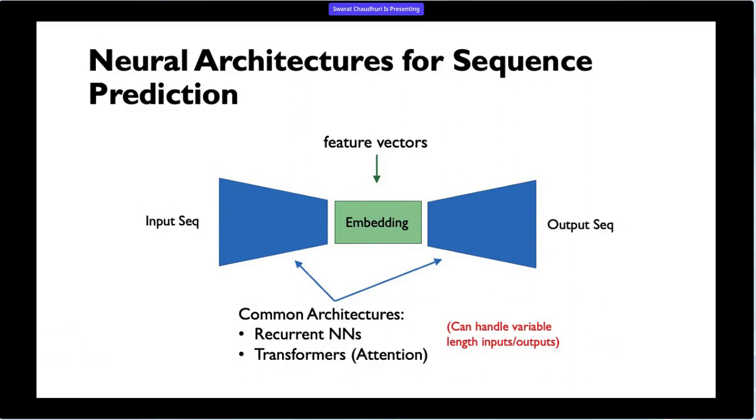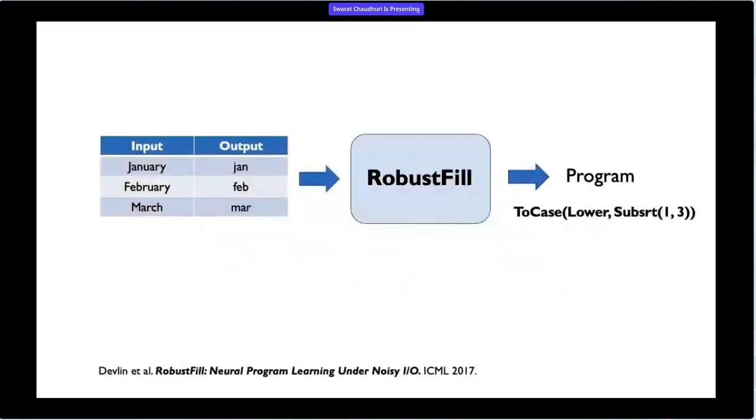And today, the state of the art is really to use transformers. These are very powerful, large-scale models that have been found to do a very, very good job at encoding sequences and identifying the relevant information from the input sequence and translating that to the output sequence.